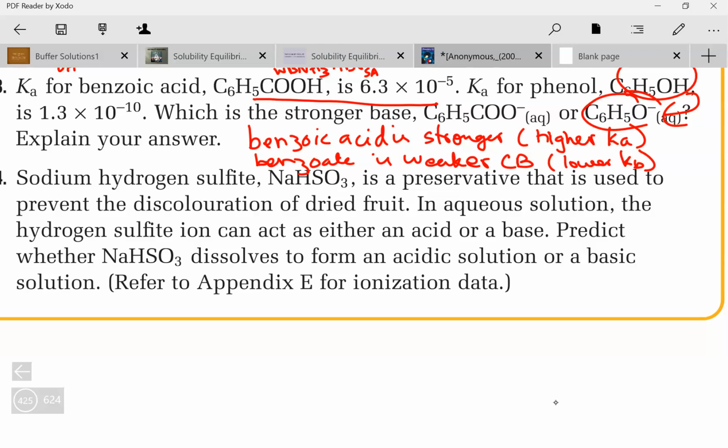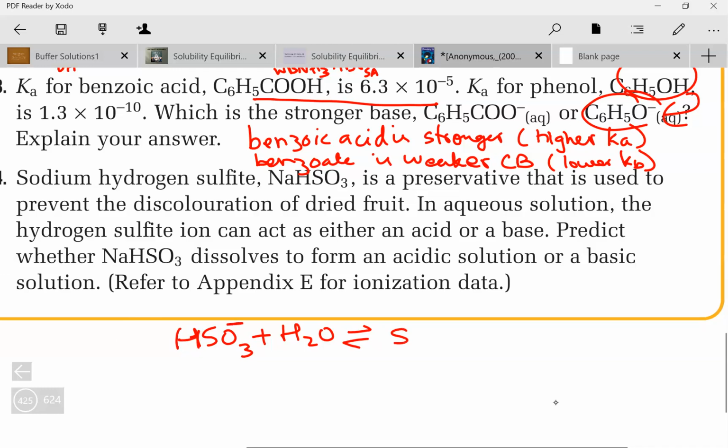Okay, so NaHSO3. This can act as an acid. Well, the Na plus is inconsequential, so I'm just going to ignore that, right? It's just the HSO3 minus.